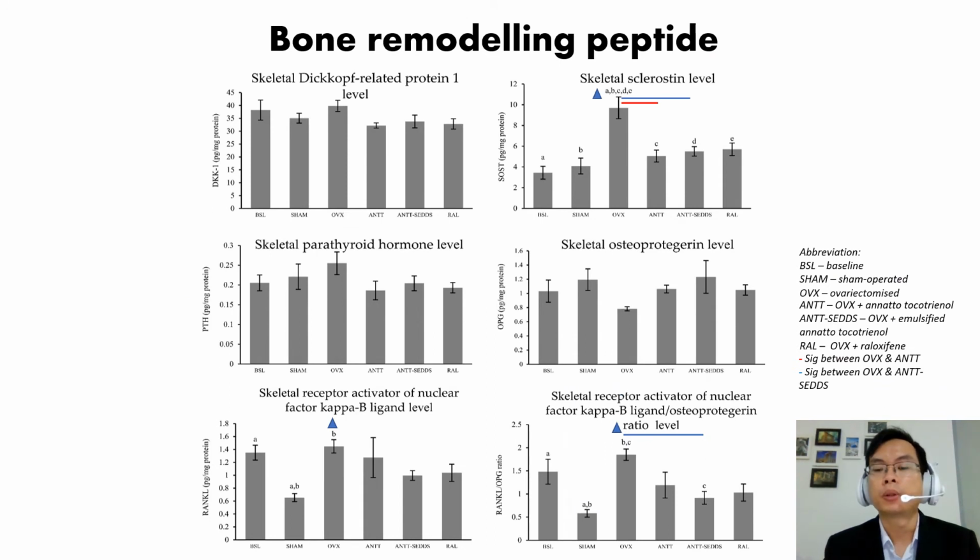In terms of bone remodeling peptides in the vertebra, we observed that with castration, there is a significant increase in sclerostin level and also RANKL/OPG level. However, annatto with or without SEDDS decreased sclerostin level, but only the formulation with SEDDS prevented the increase in RANKL/OPG level.